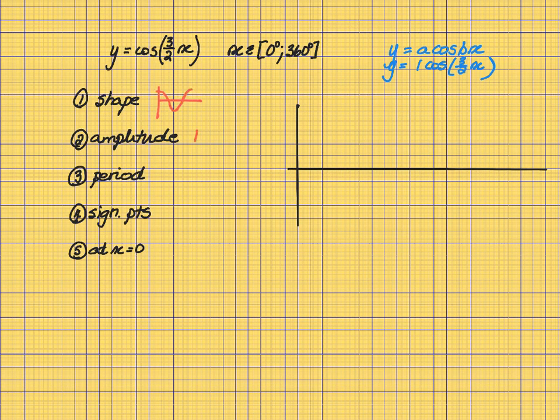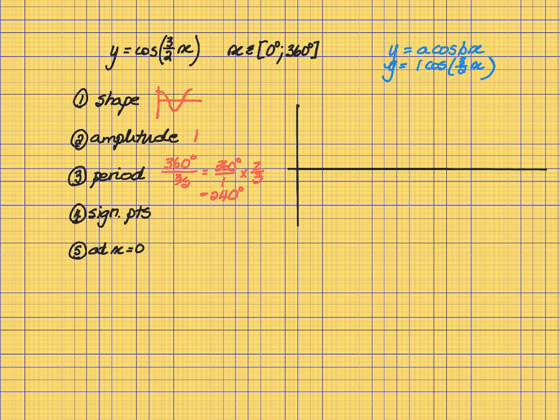The amplitude is 1. The period is going to be 360 degrees, the period of the basic cos graph, divided by 3 over 2. Remember, it's divided by the absolute value of b. So that is 360 degrees times 2/3, and you get an answer of 240 degrees. So you've got a period of 240 degrees.